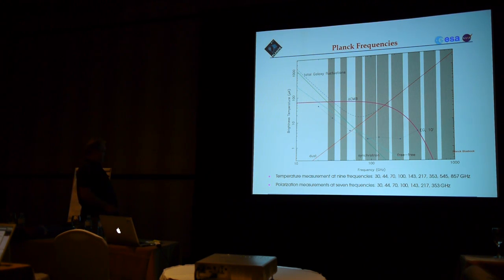The sweet spot for CMB measurements is roughly around 70 gigahertz. For temperature, quite well established. Not so clear yet what the situation is for polarization. Early indications from WMAP are it's not very different. So that's where you aim to target CMB anisotropies.